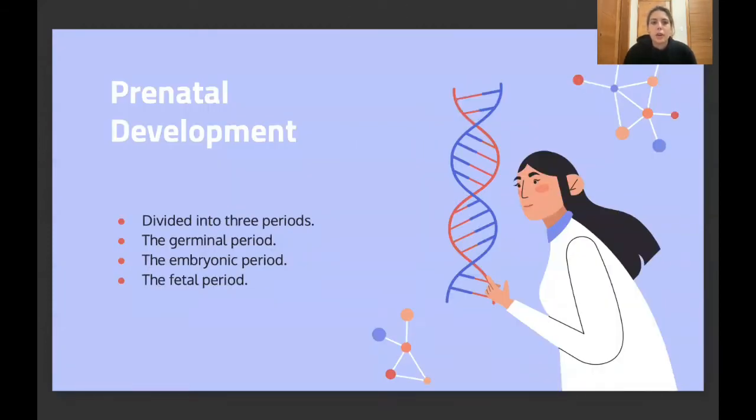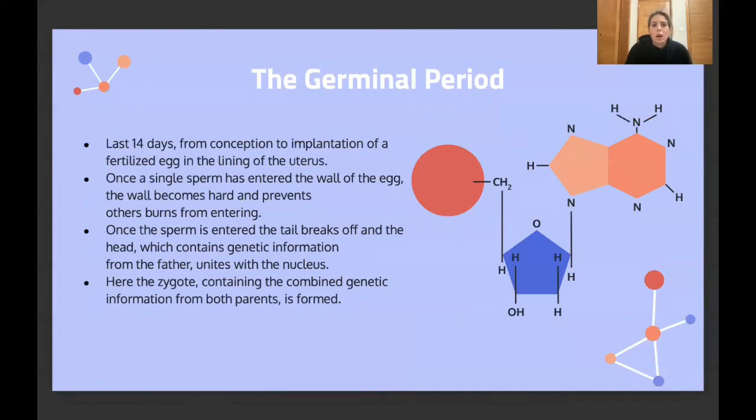Then we have prenatal development. Prenatal development can be divided into three periods. First is the germinal period, the embryonic period, and the fetal period. The germinal period lasts 14 days from conception to implantation of a fertilized egg into the lining of the uterus.